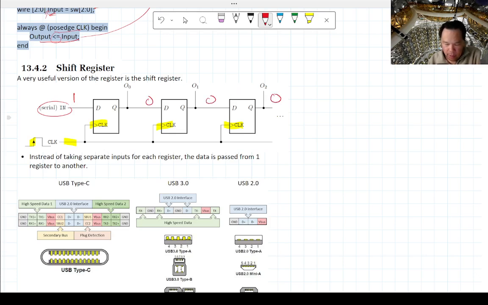Okay, what happened is that when the clock pulses up, the input D from the first flip-flop gets sent to Q. So now O0 is going to get changed to 1, but since these clocks are synchronized with each other, the second and the third flip-flop all send their data at the same time.